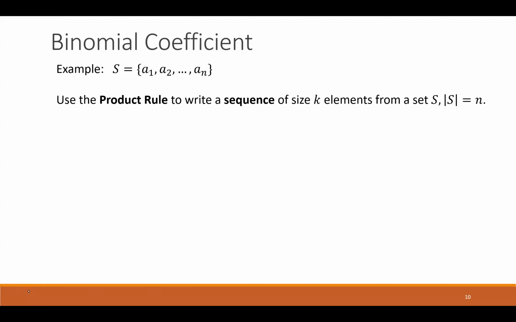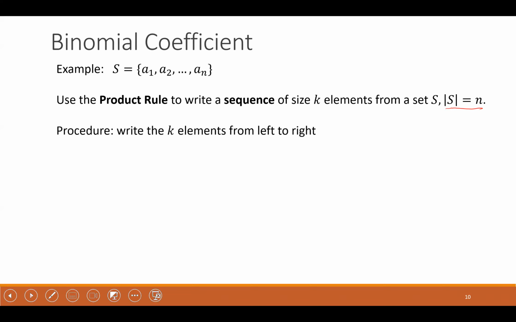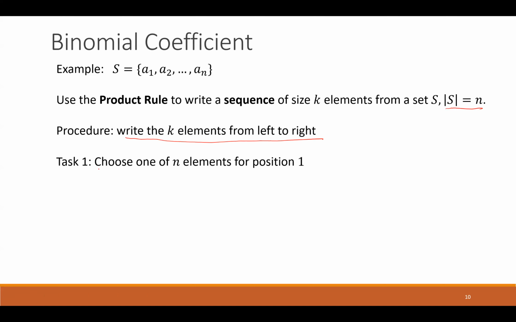So use the product rule to write a sequence of k elements from the set S, where the size of S is equal to n. I'm going to define a different procedure. I'm simply going to write k elements from left to right, right? So I choose a subset, the order matters, and I'm just going to arrange them from left to right. But instead of choosing a subset, I'm going to choose them one at a time. So I choose one of n elements for position 1.